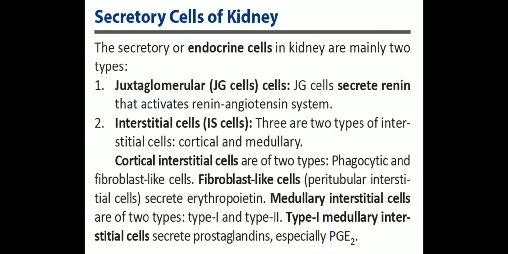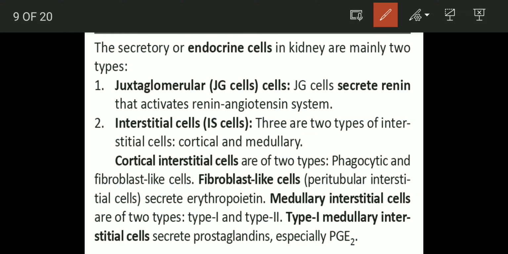So these are the secretory cells of the kidney. The secretory or endocrine cells in the kidney are mainly of two types. One is the juxtaglomerular cells, known as the JG cells, and the second is the interstitial cells. Remember, the JG cells secrete renin.